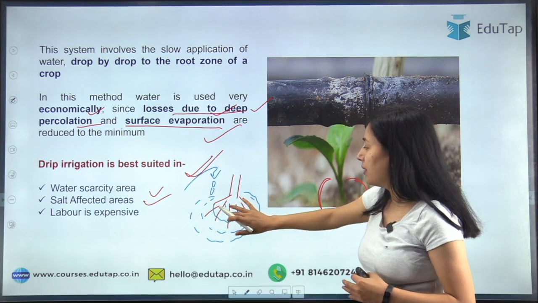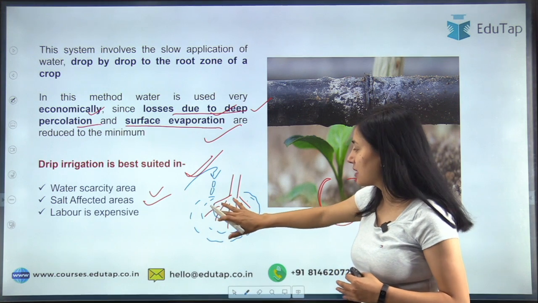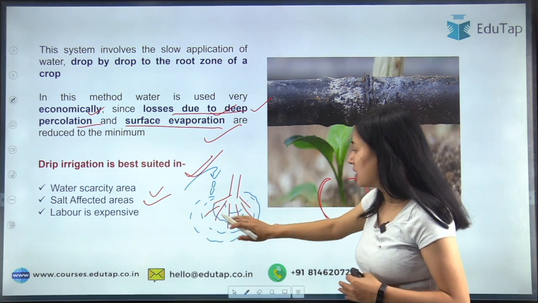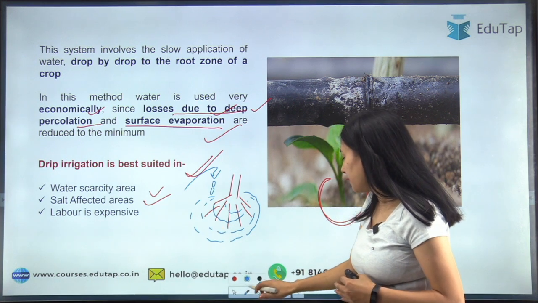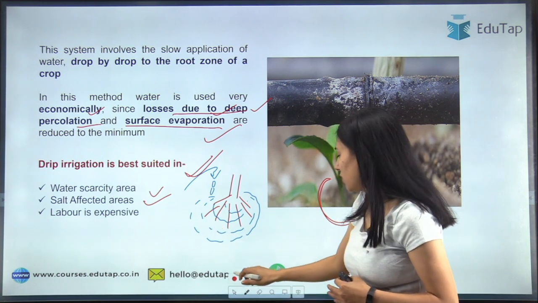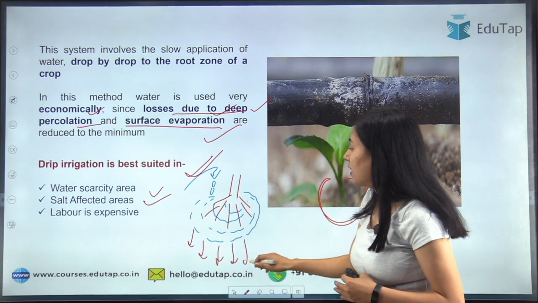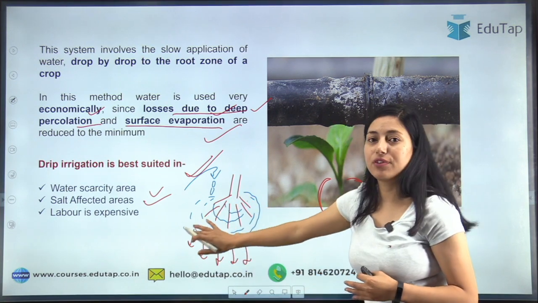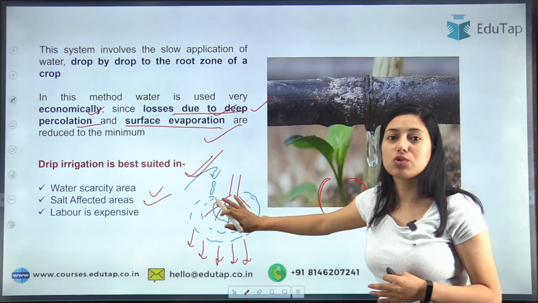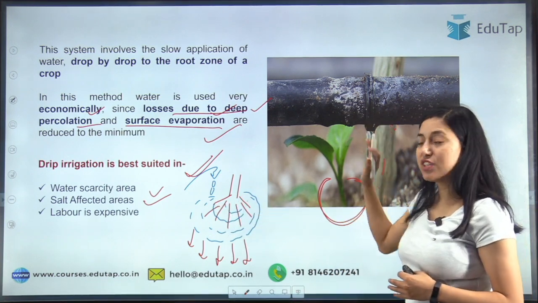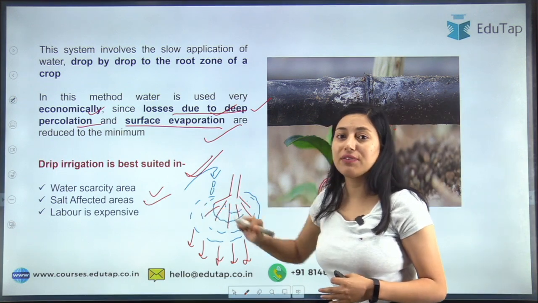So what will happen when the water is more in this region? All the salts of this region will get leached out, and your root zone will become safe. It will be protected from the salts. So that is why this drip system is also efficient in areas with salt affected soil.